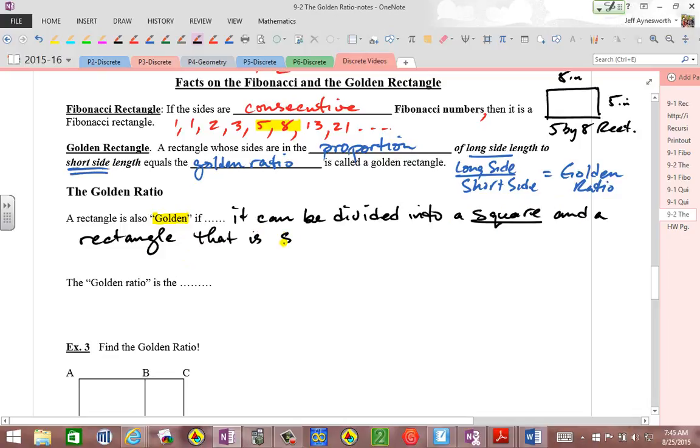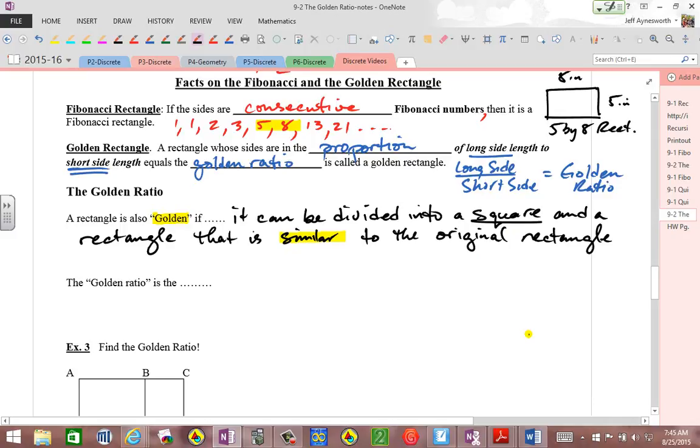That is similar. That's a key word right there. Similar to the original rectangle.